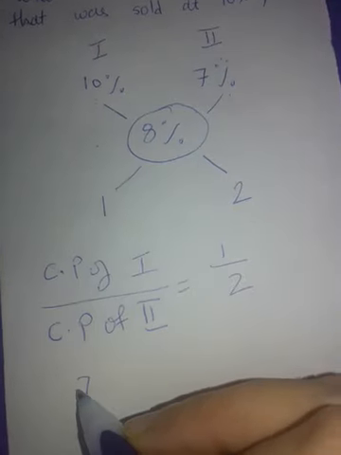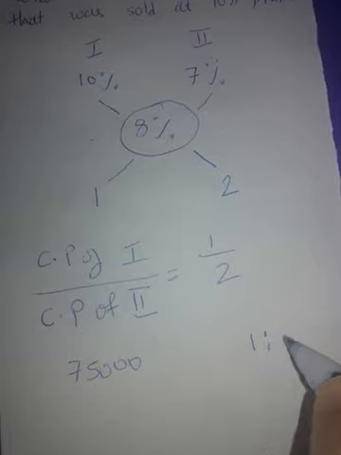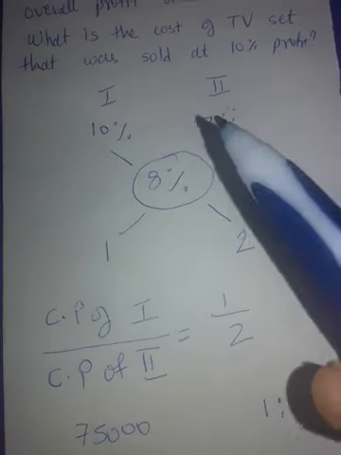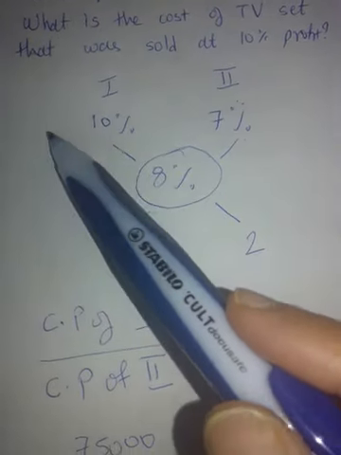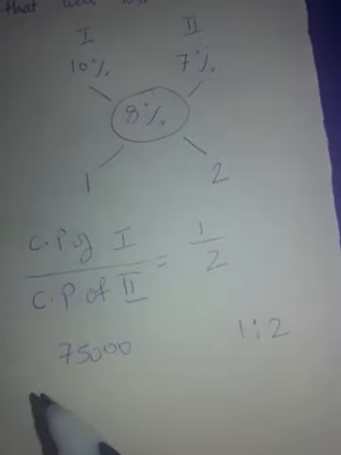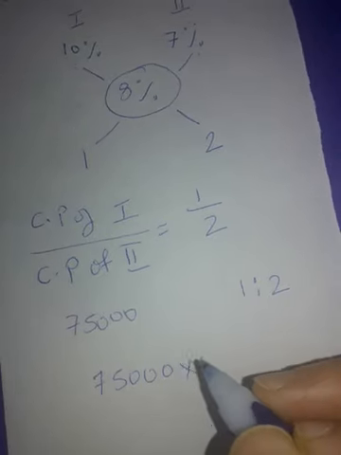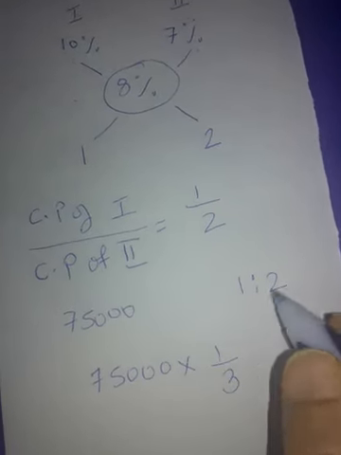Total cost price is 75,000 and the ratio is 1:2. And question is, what is the cost price of TV set that was sold at 10%? So I want cost price of this one. How much it will be? 75,000 into 1/3. 1 plus 2 is 3.